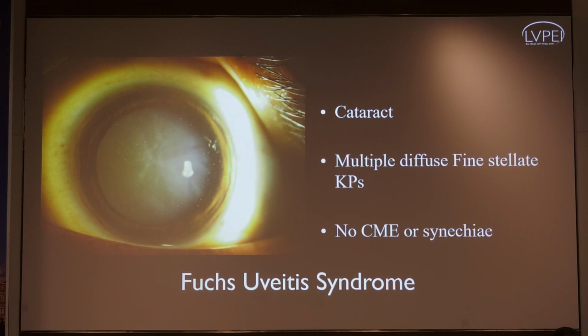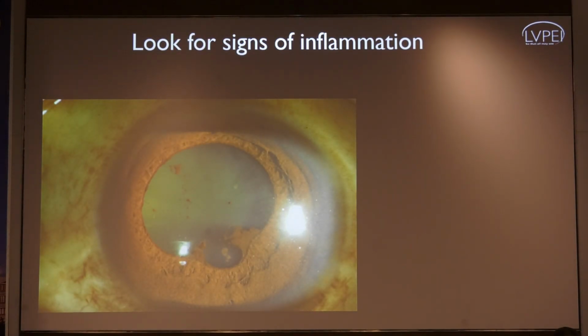So when you see multiple fine diffuse KPs in a patient who predominantly might have a posterior subcapsular cataract, with no CME or other obvious signs of inflammation, Fuchs may be one of your differentials. Apart from that, look for any sequelae of old uveitis. In cases where there is a uveitis, you may need to ensure that the eye is quiescent for at least 2 to 3 months before you go ahead with a cataract surgery. I know this may sound repetitive, but these are supposed to be part of a complete evaluation for any of our patients, not just for cataract.